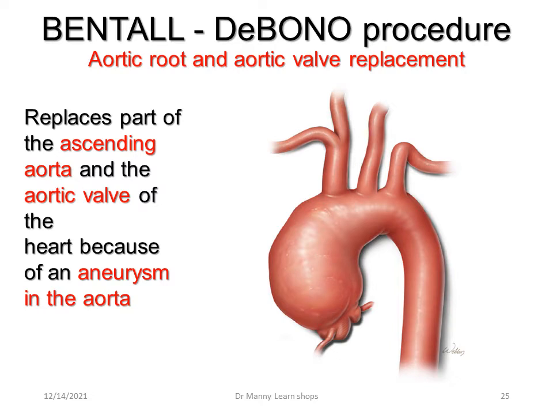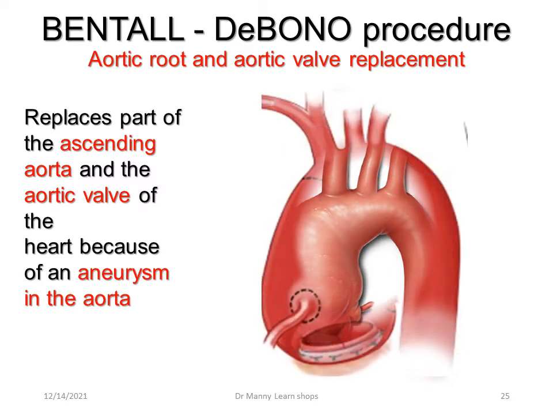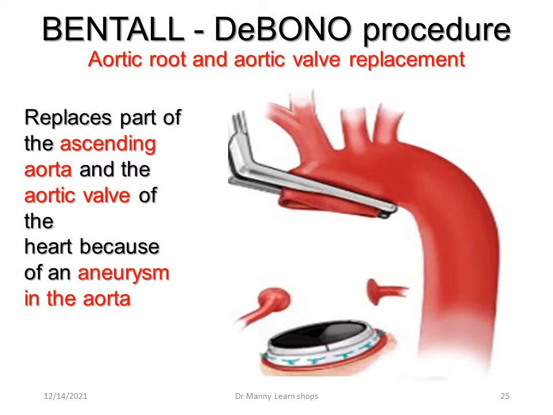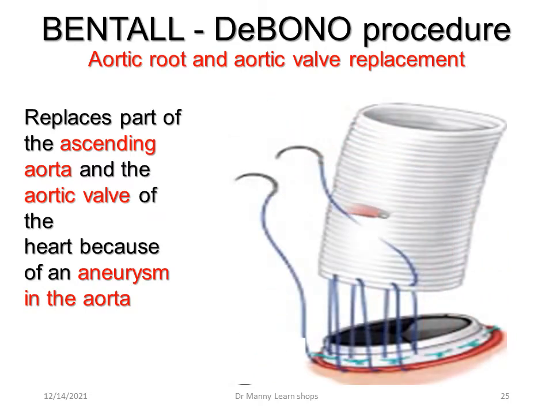So when we look at the Bentall De Bono procedure, this is aortic root and aortic valve replacement. And essentially it replaces part of the ascending aorta and aortic valve because the heart has an aneurysm in the aorta, the ascending aorta, as you can see in the diagram. And typically it's resected, the coronary arteries are reimplanted into the graft.